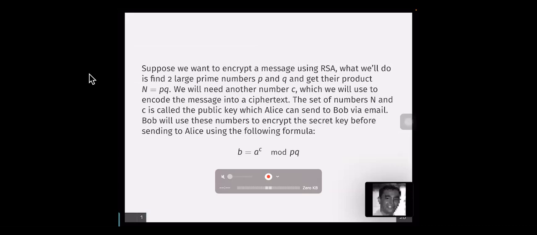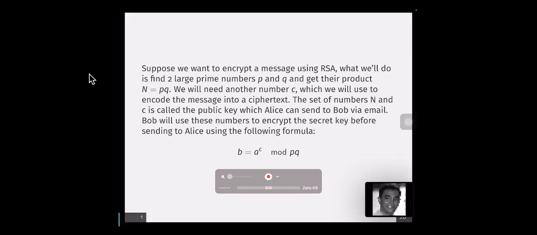Okay, so for RSA, we have two prime numbers, very large prime numbers, that we multiply to get a composite number n. So p and q are the prime numbers, and n is their product.